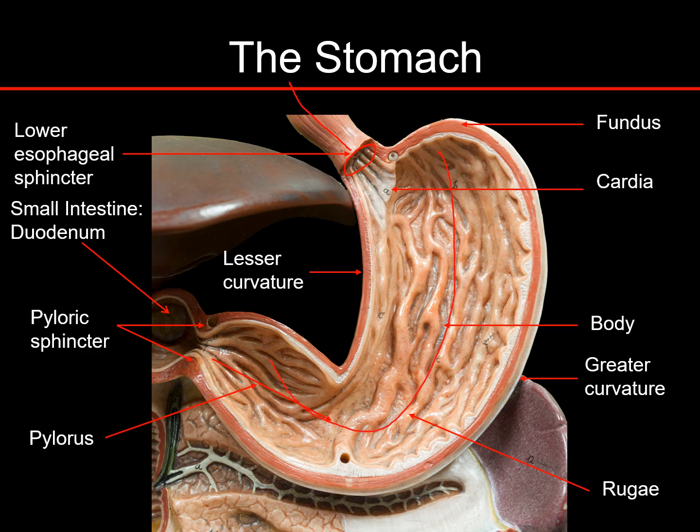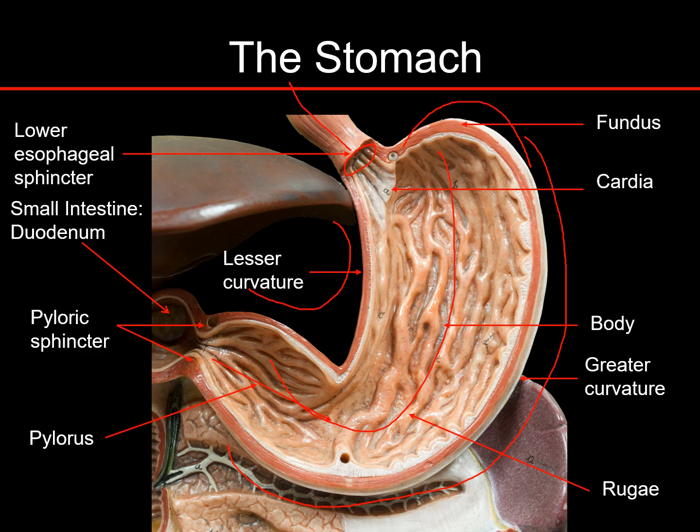We have one edge that's a larger curvature, the greater curvature, and then we have a lesser curvature side. And then we have the fundus up at the top. Fundus just means an upward protrusion of an organ. We have a fundus of the uterus as well.